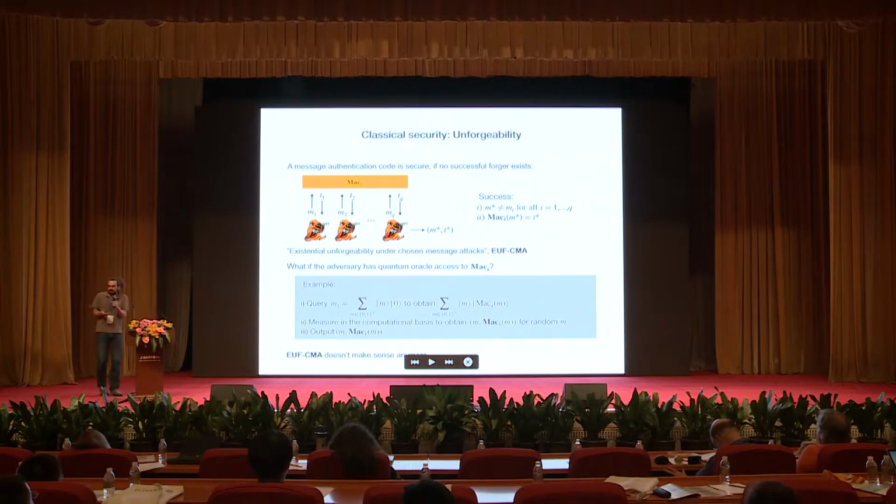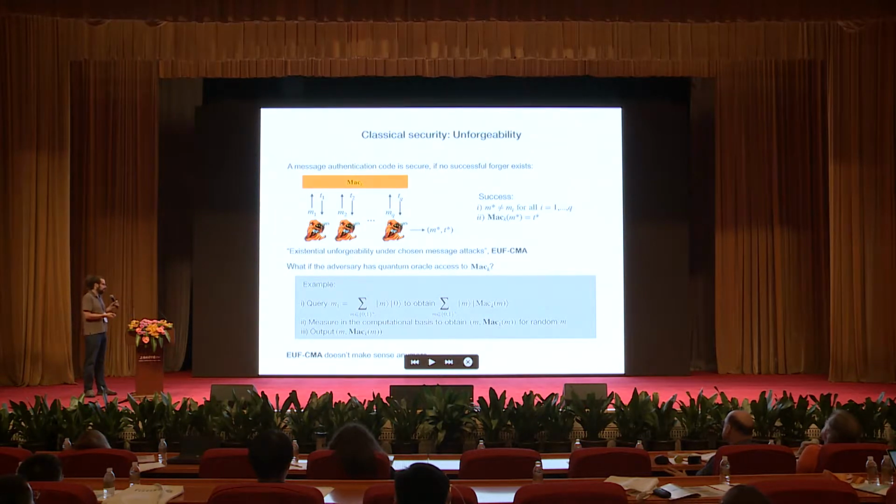This is something that we should not be worried about, because in a certain sense, he didn't create a new message tag pair. This actually came from the query. But in some sense, EUF-CMA definitely doesn't make sense anymore, because how can we compare this candidate forgery with the query?